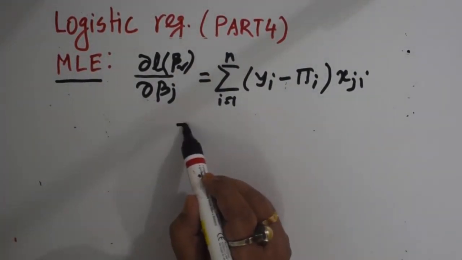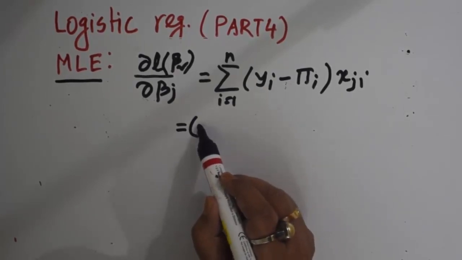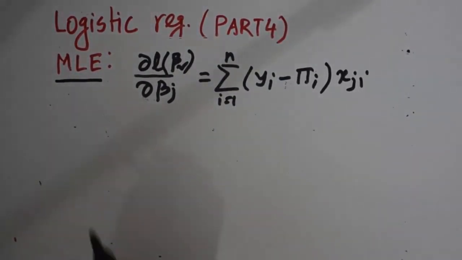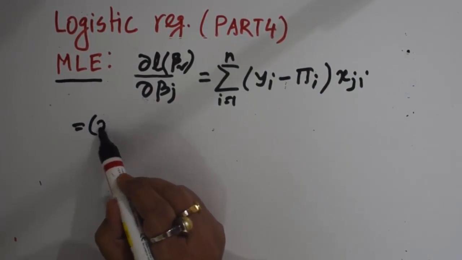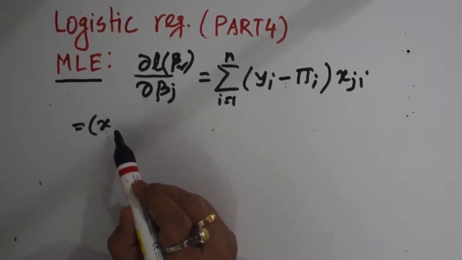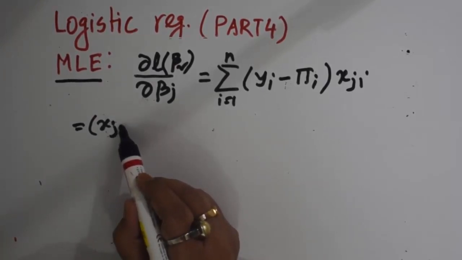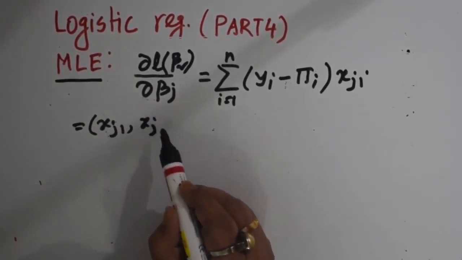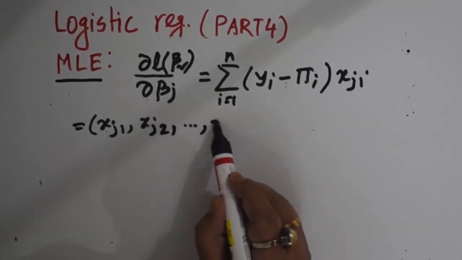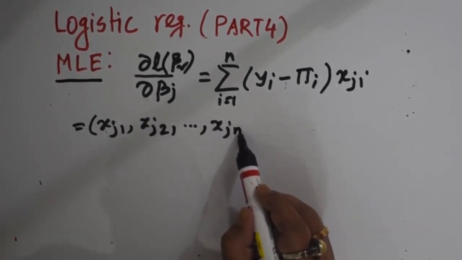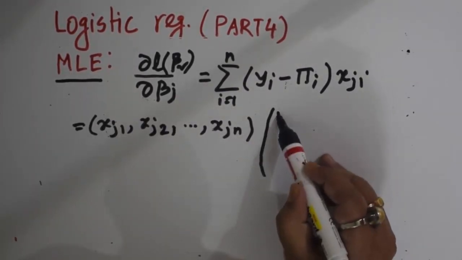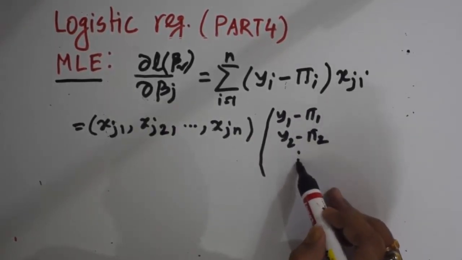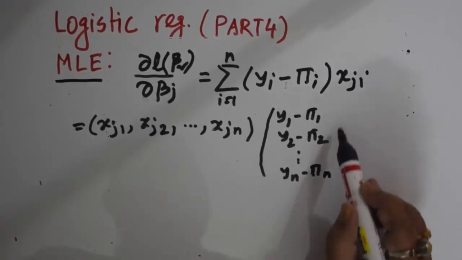Now we can write this as xj1, xj2, ..., xjn times y1 minus pi 1, y2 minus pi 2, ..., yn minus pi n.